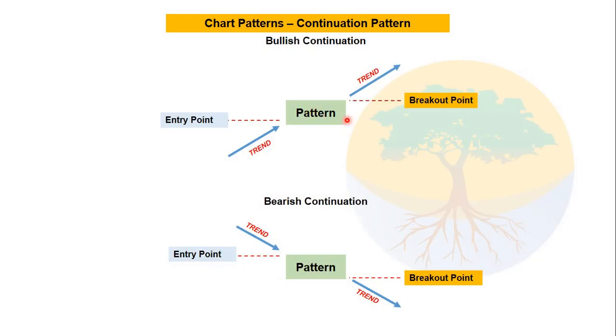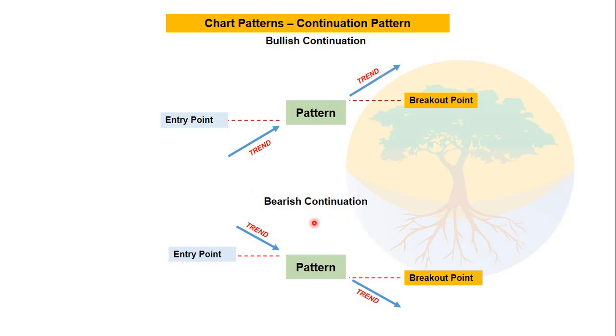When it gets into that pattern, then it moves again to continue the trend that it was in. So the entry point would be the point where the price moves into the pattern, which we can only see after the pattern is formed. Then the breakout point is the point where we can see that the price is leaving the pattern. Then it continues on the trend.